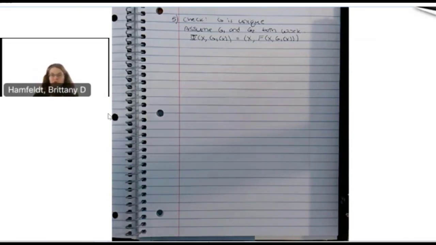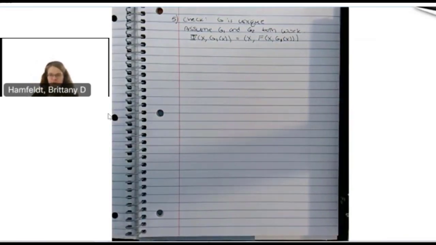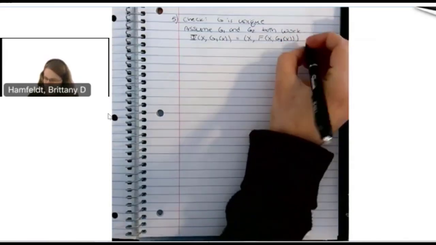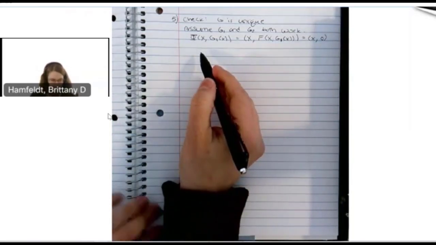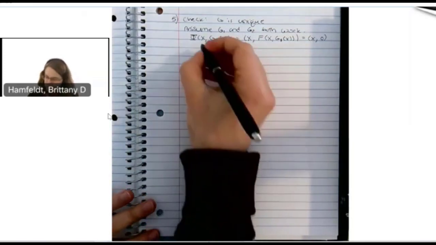Now, what have we assumed? We've assumed that G1 has all the properties that we've just shown, and in particular, if I stick G1 in here, f should give me 0. So this should give me x and 0. And if that's true, then what can I say? I can say that, well, I know how to undo this, right? What I want to get at is G1.